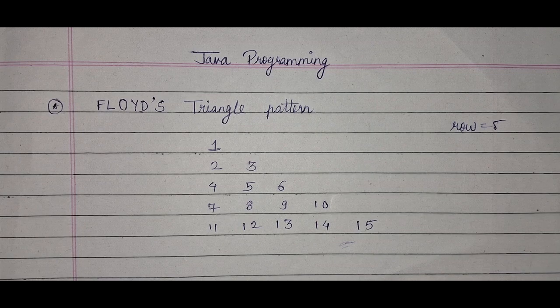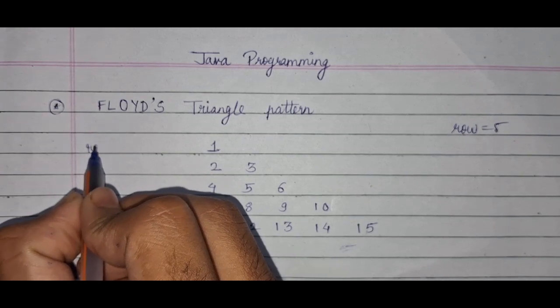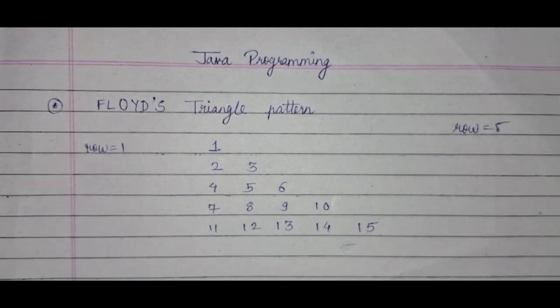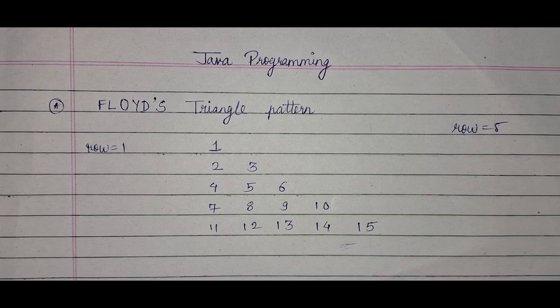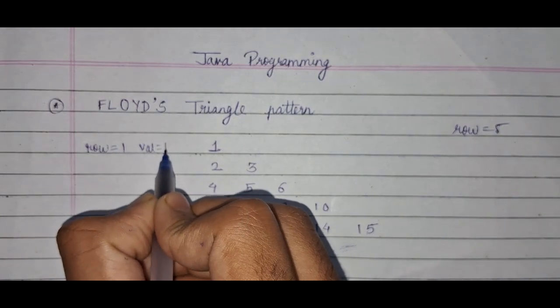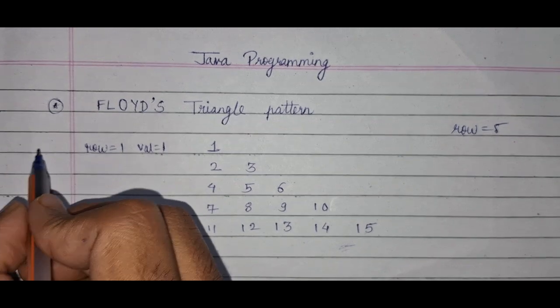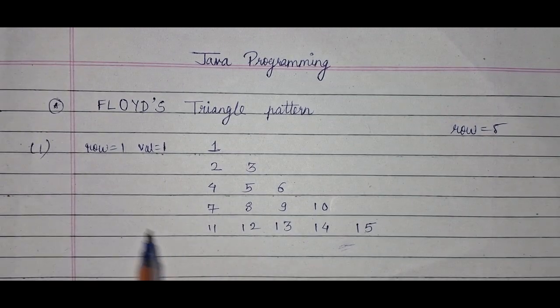Okay, so in row 1, the number of values printed is only 1, and the value is 1 only.